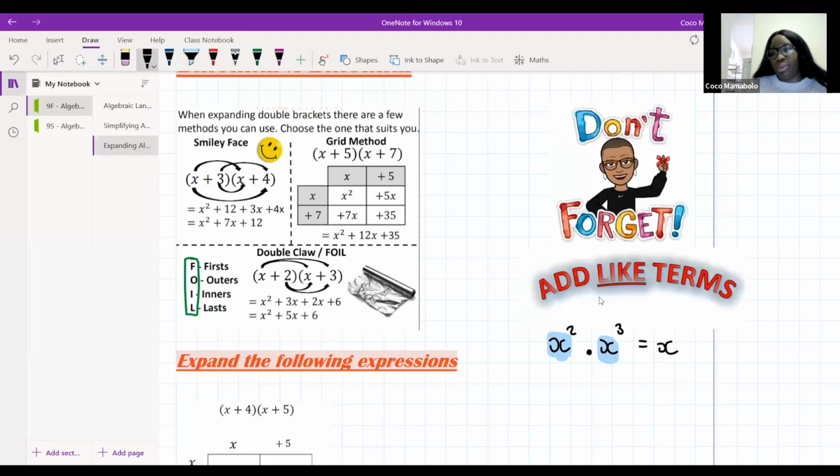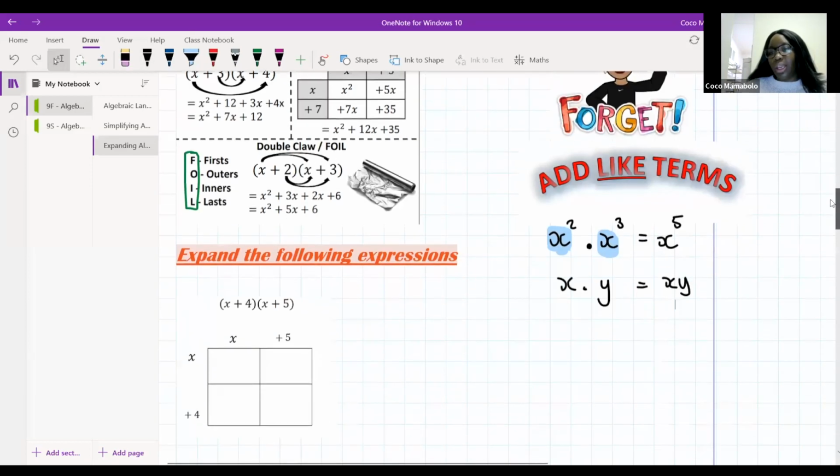So 2 plus 3 will give you 5. If I have x times y, it doesn't mean that I can't multiply them. I still can, because we're multiplying. So x times y is xy. The difference comes in when I say x squared plus x cubed.